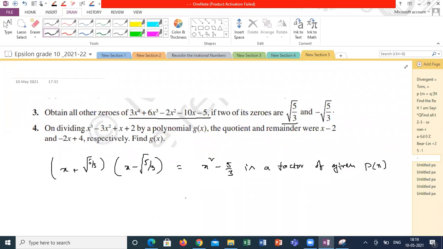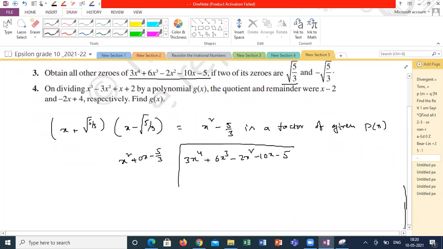So now using the long division method, identify the quotient. Once I calculate the quotient, it will be easy to calculate the remaining zeros.